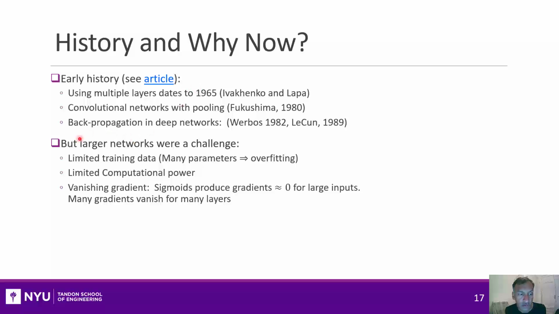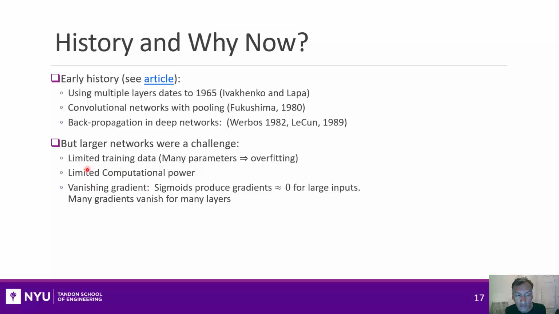One of the key issues is that when you build a very large network, you have a large number of parameters, and you therefore need a large amount of training data. And this is where the ImageNet classification problem came in. It was really the first large data set that could suitably train these very large networks. There were two other issues.